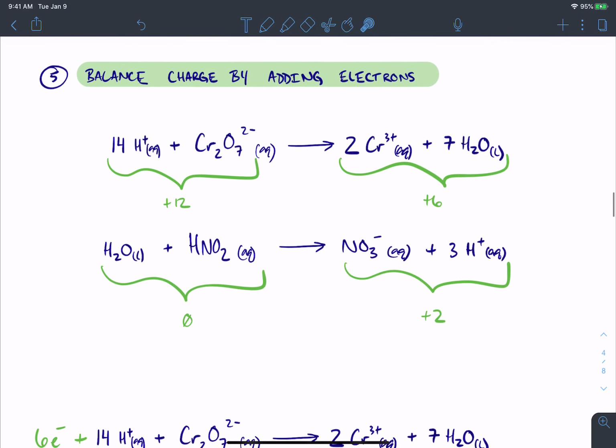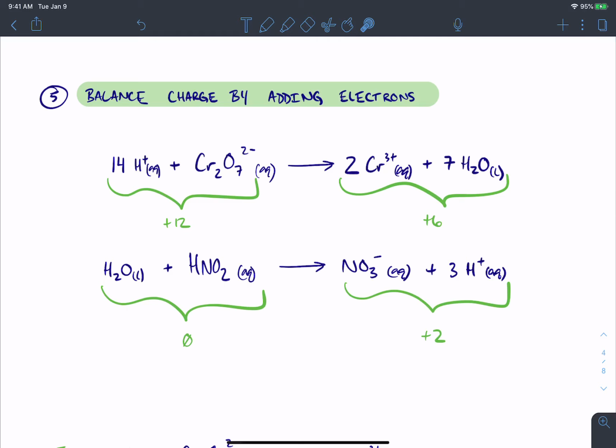So step 5 is to balance the charge by adding in electrons. We know that when we're talking about redox reactions, we're really talking about an exchange of electrons.